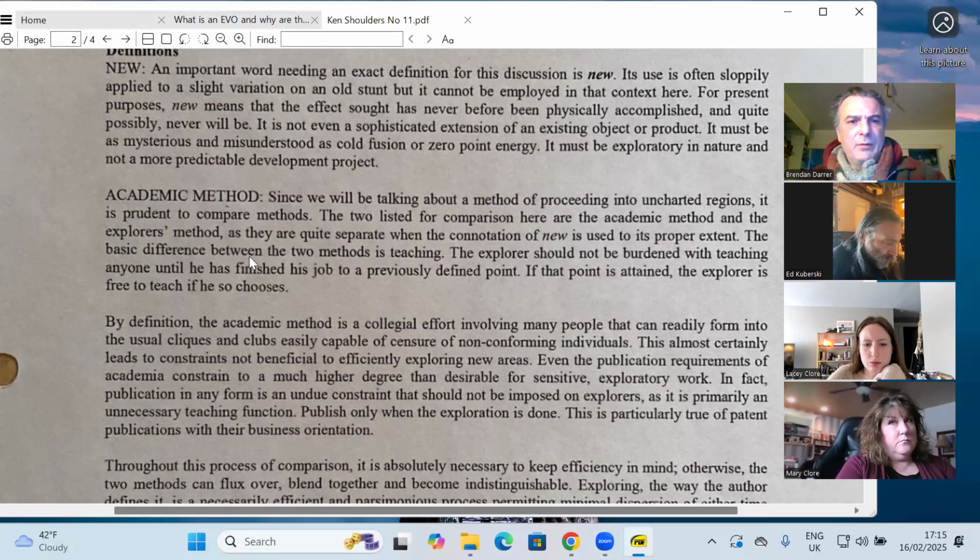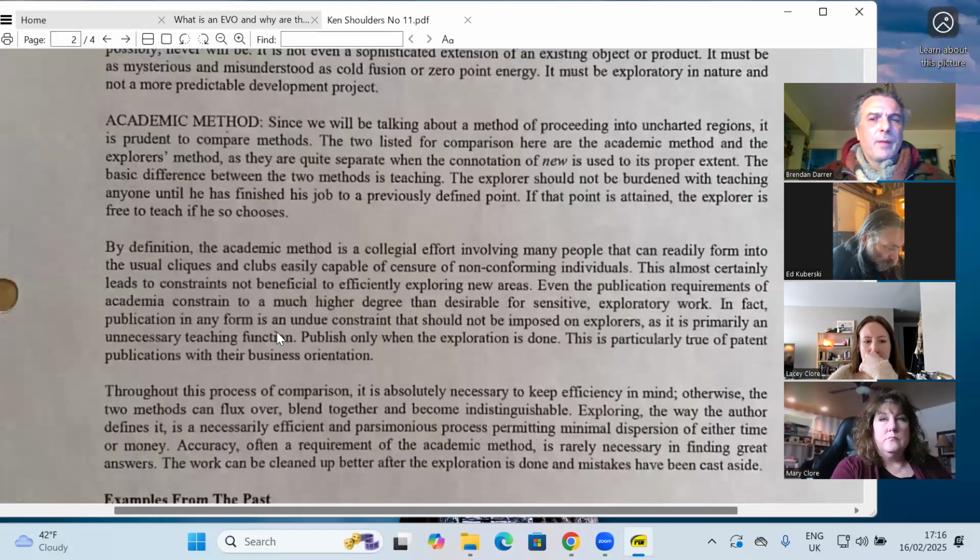The basic difference between the two methods is teaching. The explorer should not be burdened with teaching anyone until he has finished his job to a previously defined point. If that point is attained, the explorer is free to teach if he so chooses.